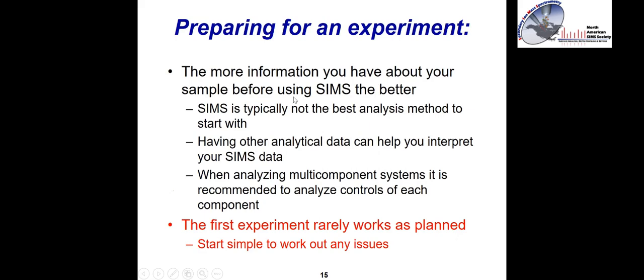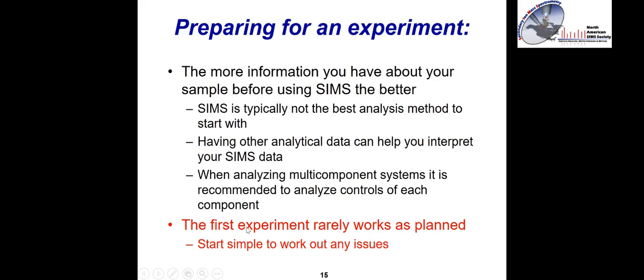And so I always recommend that SIMS is not really the best method to start with when you're starting an analysis, that it's best if you can have data from other methods that give you information about either the composition, for example, from XPS, or maybe even some imaging information from other methods like AFM that give you some topography information. And if you're looking at something that's a multi-component system, it's often useful to analyze controls of the components that you know might be present, so that you can determine what are the main peaks that you could be looking for.